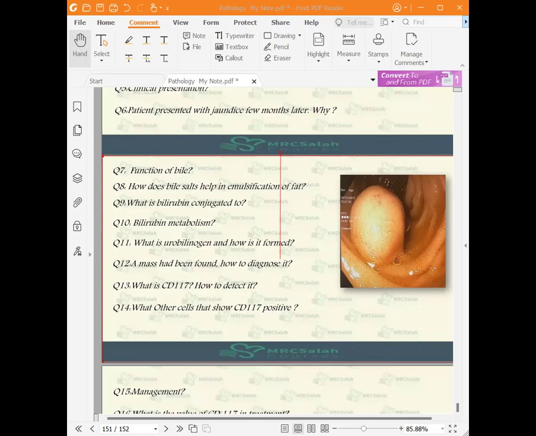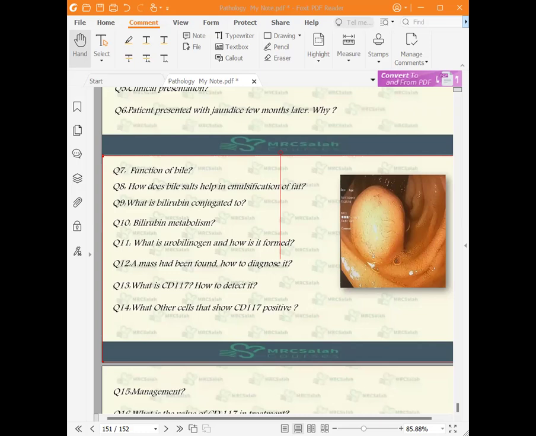In the large intestine, gut bacteria deconjugate the bilirubin and form urobilinogen. Then 50% of this urobilinogen is oxidized by bacteria to form stercobilin, which gives the brown color of the stool, and the remaining 50% of urobilinogen is reabsorbed.